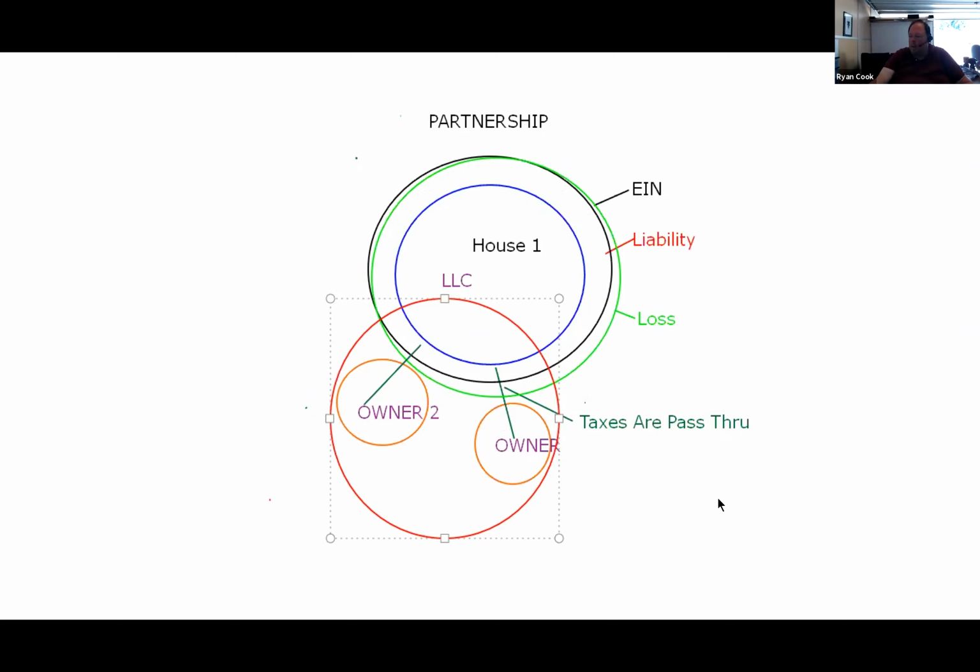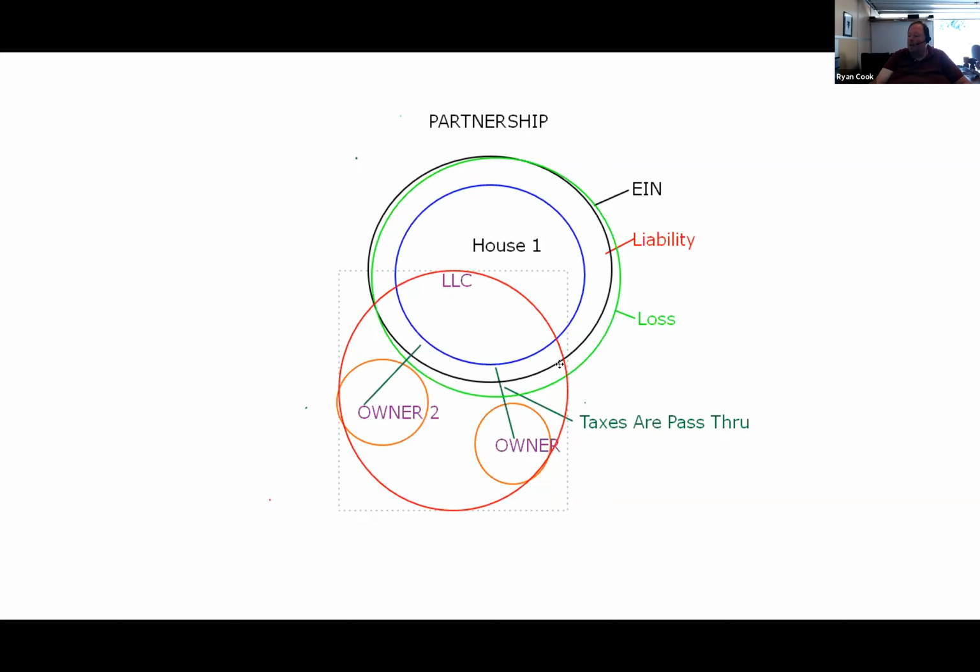What they're doing is by giving it an EIN, they take this circle and shove it over there. That shows you basically what the liability does.